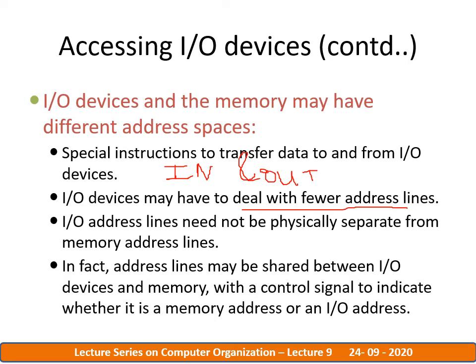A separate address space does not necessitate a separate address line on the processor bus. The same address bus which is used with the memory is used for the IO devices also, so that a special signal on the bus indicates whether the sent address is for the memory or the IO devices.